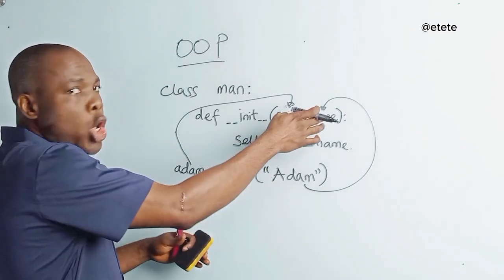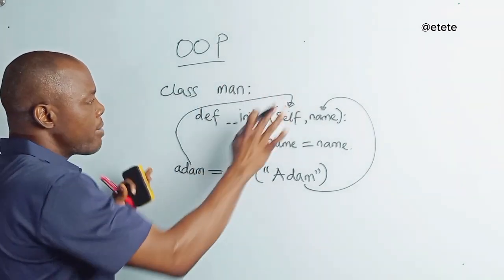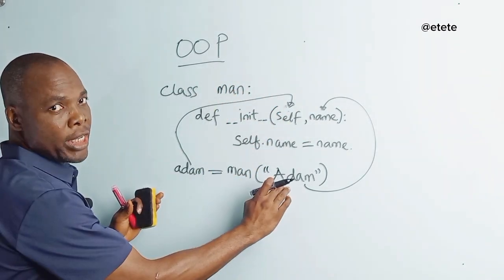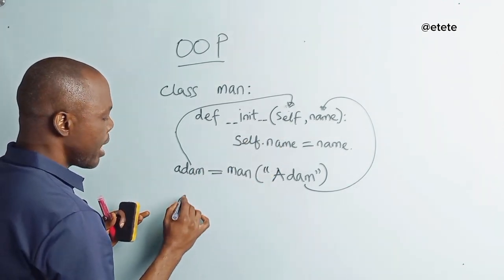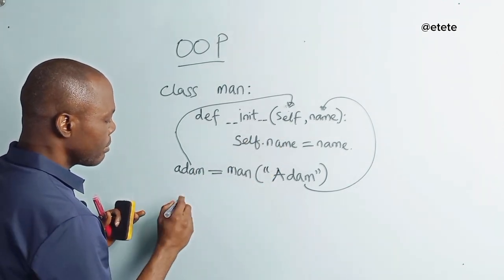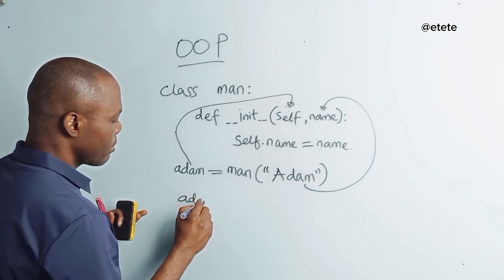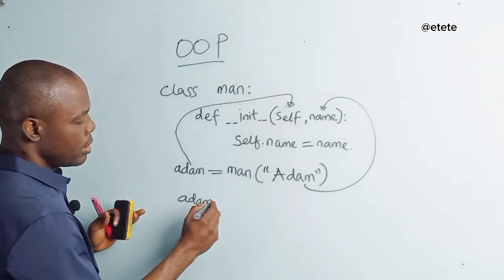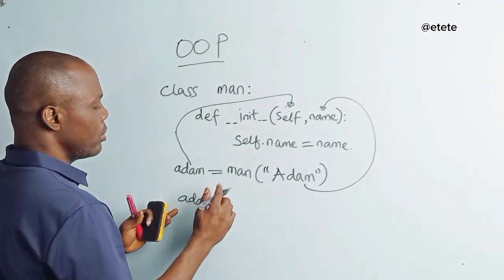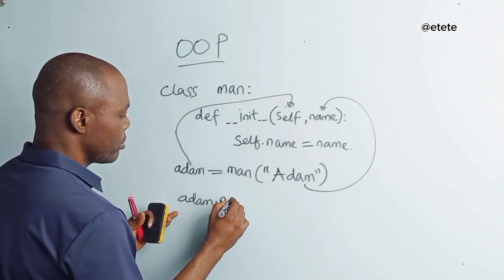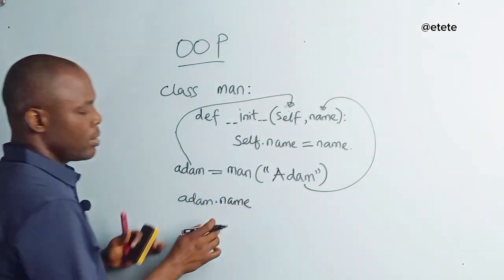So if I now want to call the name, all I simply need to do, now I have created the class, I have created the object, I want to call the name. So to call the name, I will simply say Adam, which is this, dot what? This Adam dot name, which is this attribute, right?